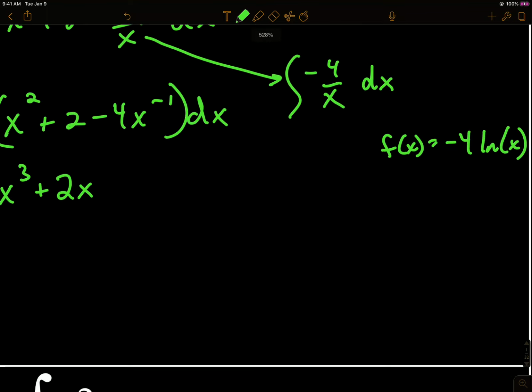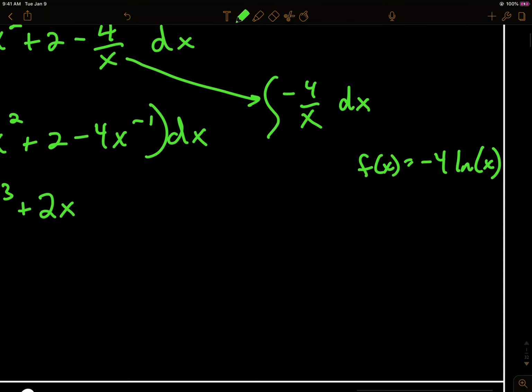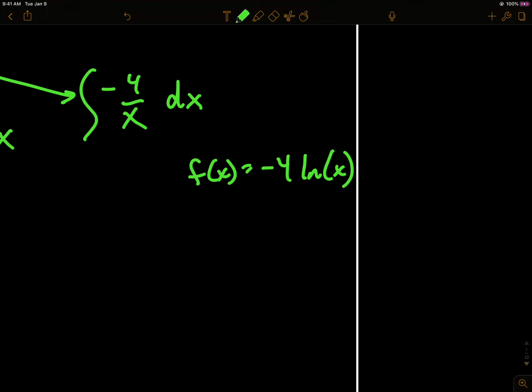So this is not a power rule for integration, right? When we increase the power by 1 and divide by the new power, that's power rule for integration. It breaks when we have a power of 1 in the denominator, right? Because we bring it up, it's a negative 1, and the whole divide by 0 part breaks it. And that should remind us, oh wait, the derivative of ln of x is what gives us 1 over x. It's not a power rule law. This is a fact recall.